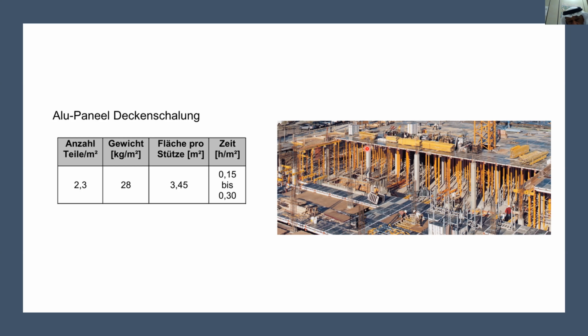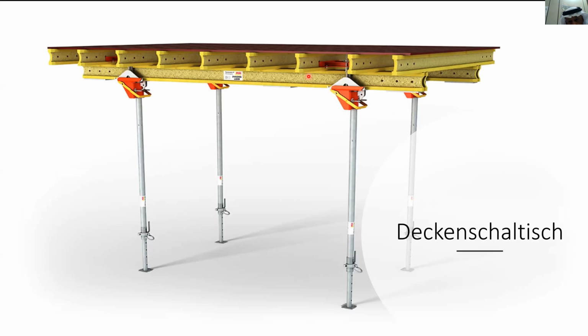But let's go on. There's a third system. You see there are still some timber girders, but the idea of this table formwork is that you fix one table and this will remain together.